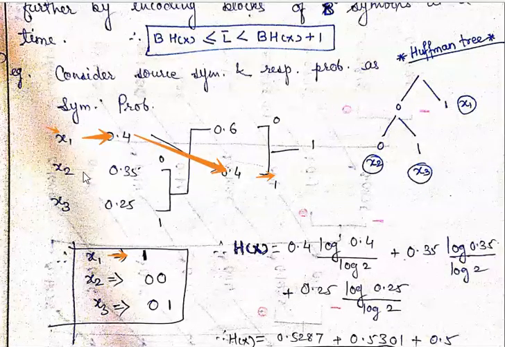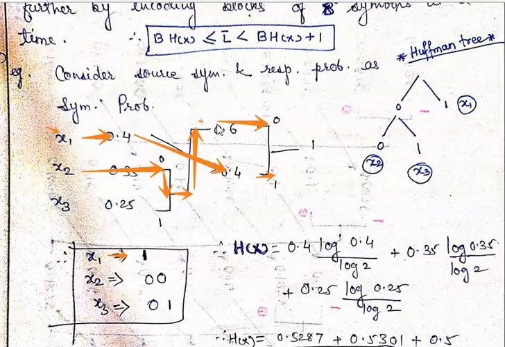Similarly, for x2, let's track this path: 0.35, then downward, then again to the right, then up and again to the right. So this is the path that we have for x2. In a reverse way, we can write it as 0, then 0. So 0, 0 is the overall code word for x2.